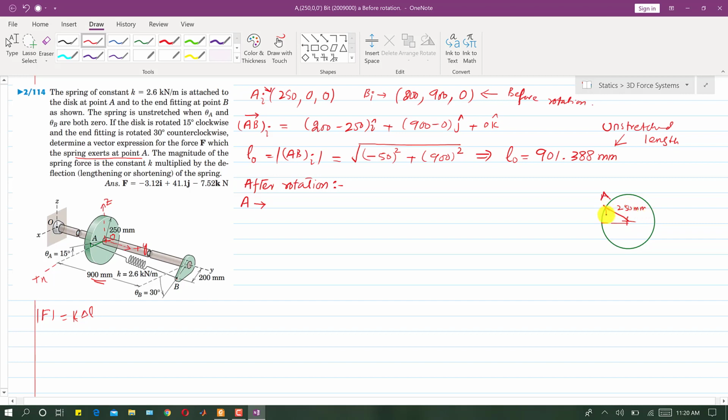And if I draw a perpendicular from this, this distance is 250 cos of theta A. This theta A is 15 degrees.